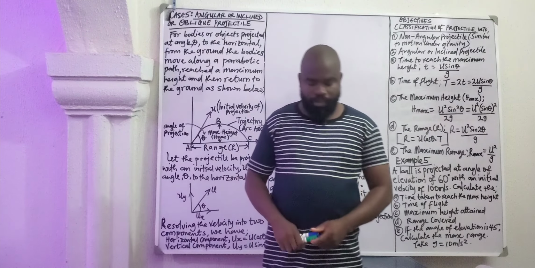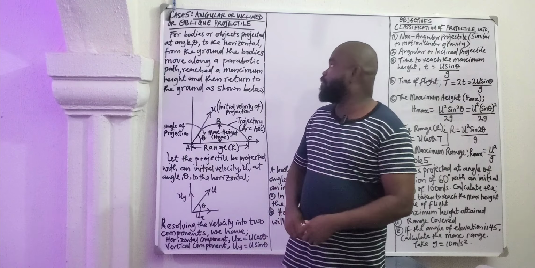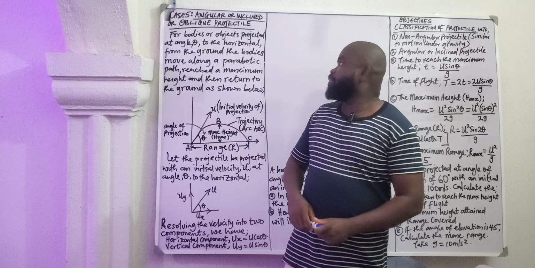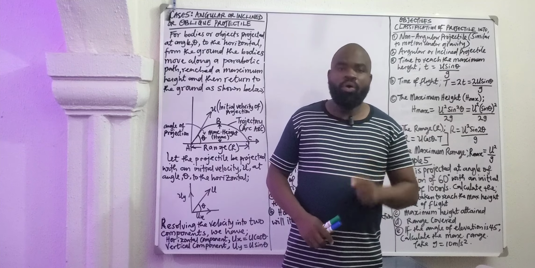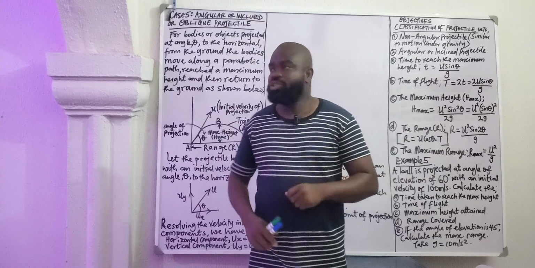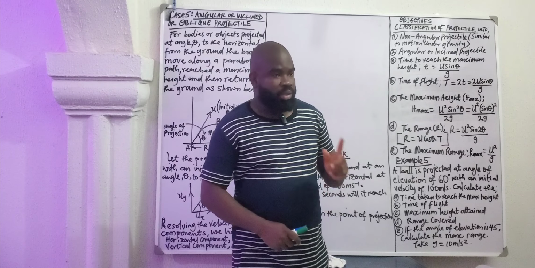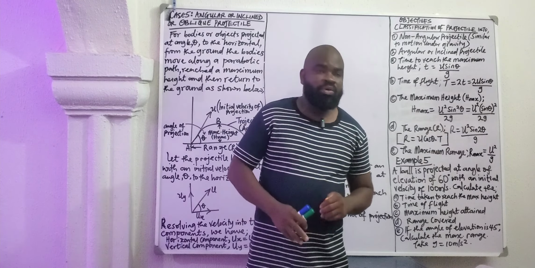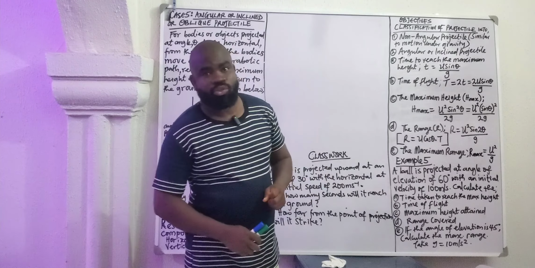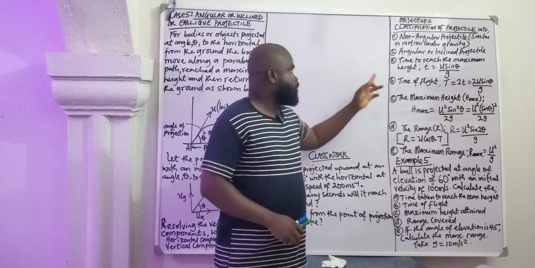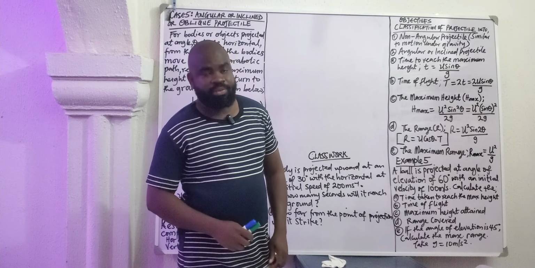In our class of today, we will consider case 5, that is angular or inclined or oblique projectile motion. In our last class, we talked about classifying projectiles into two, angular and non-angular projectiles.